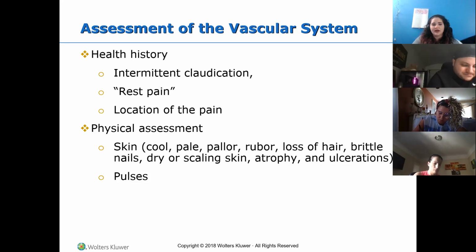For physical assessment, you look at the skin. You want to see cool, pale, pallor, rubor, loss of hair, brittle nails, dry or scaling skin, atrophy, and ulceration. And then you also need to check for the pulses. Rubor is a reddish blue color on the leg.